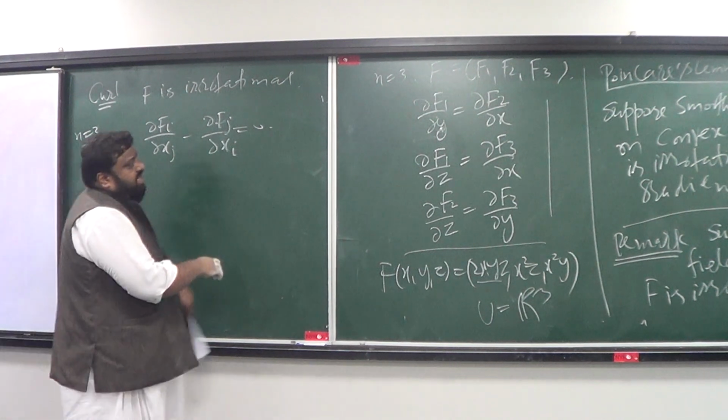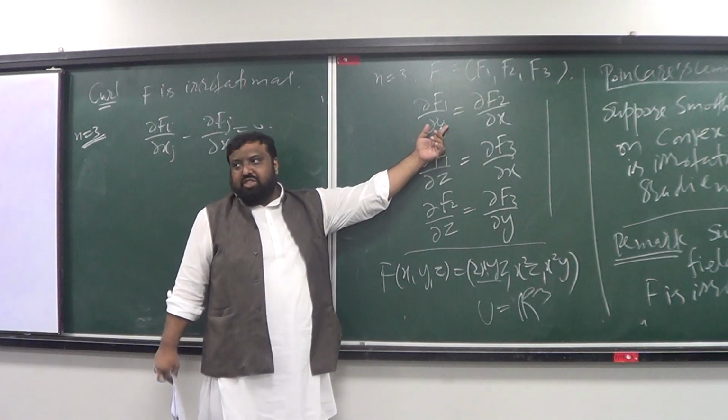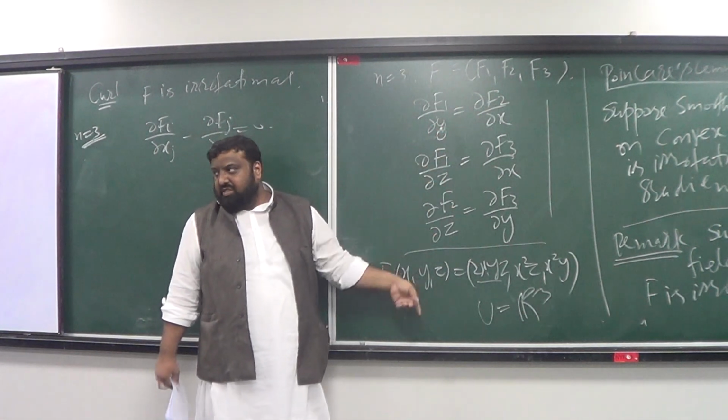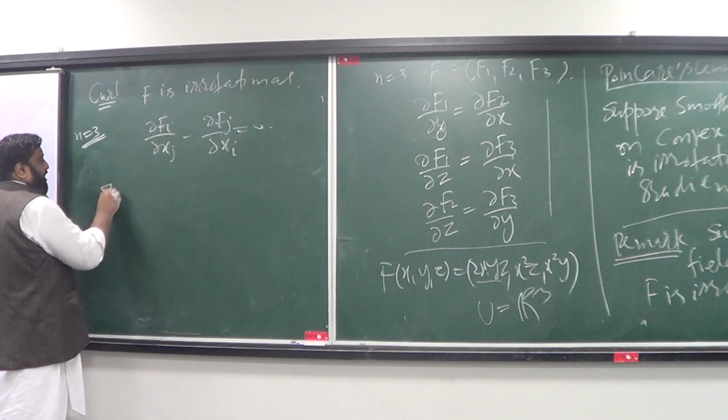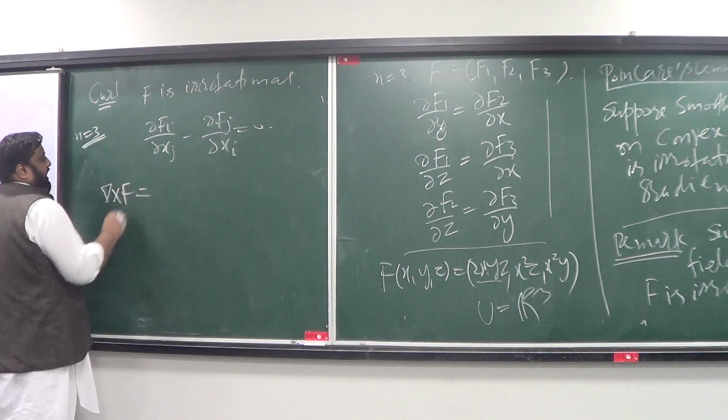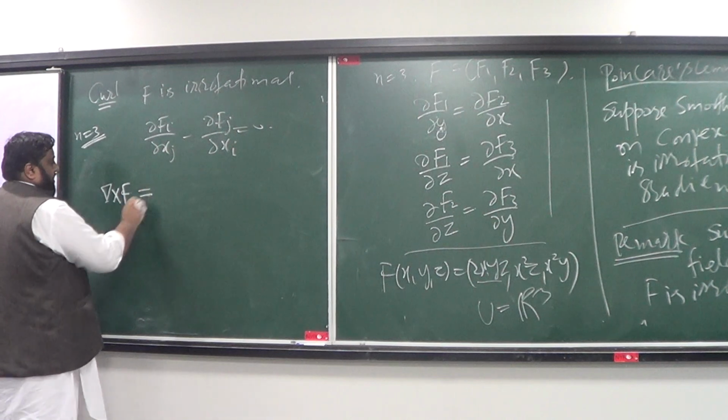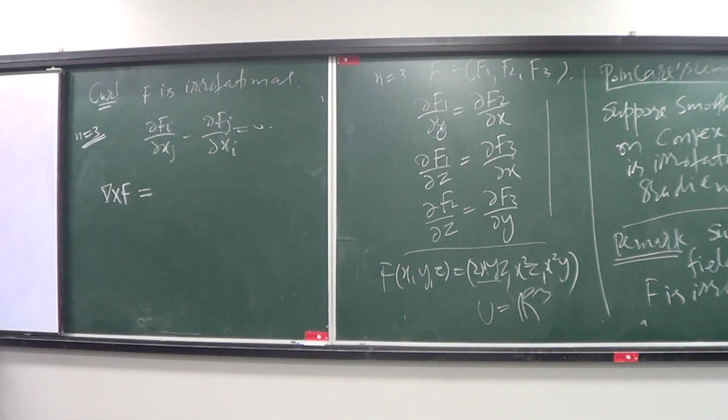So this means that these three differences are 0. And let's think about the curl of the vector field F now. What is the curl physically doing?